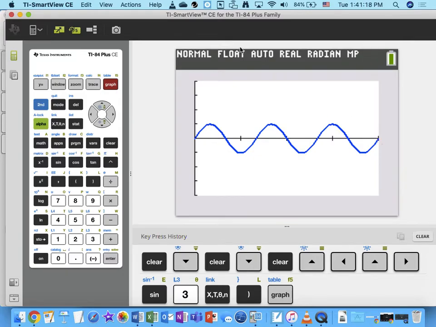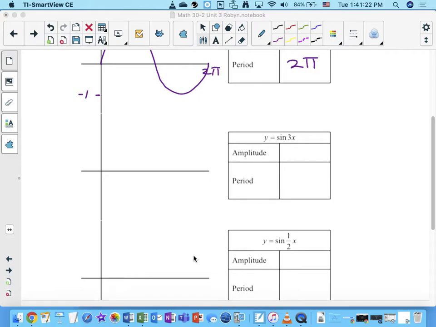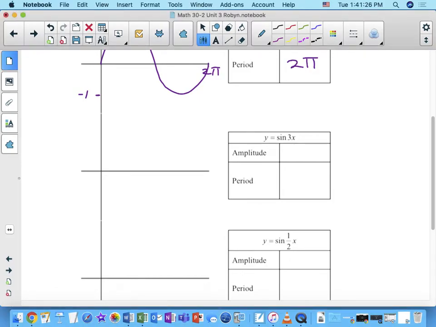Interesting. Let's write that down. Here, amplitude is still 1 and negative 1. Here's 2 pi, and I'm going to divide this into thirds.